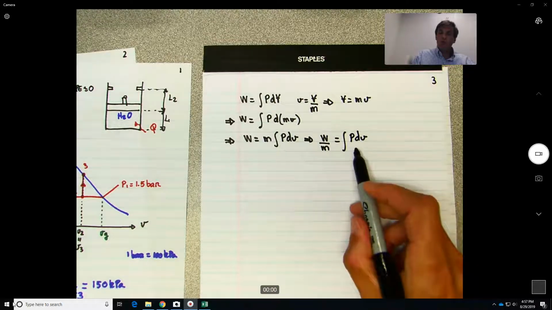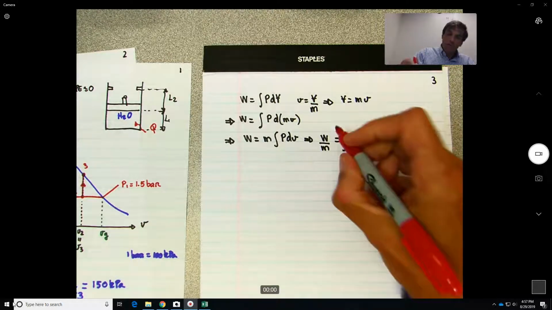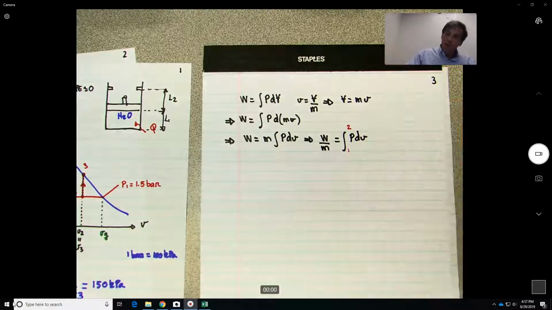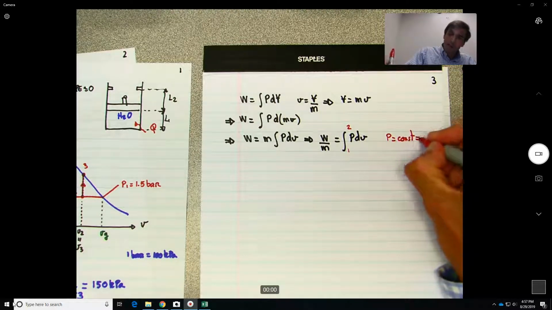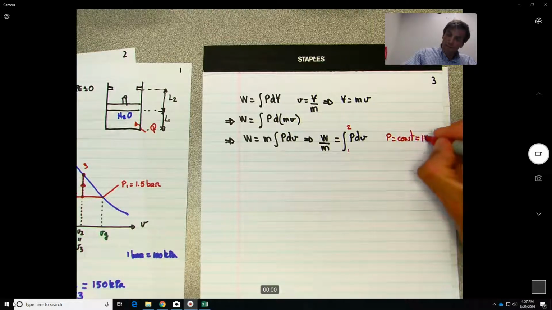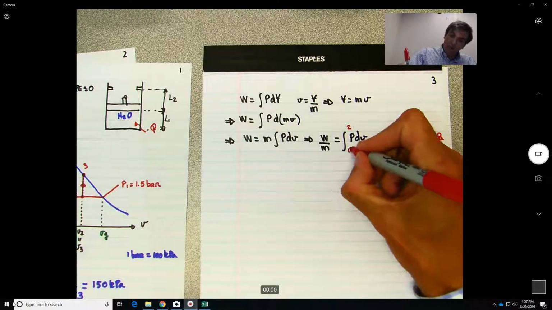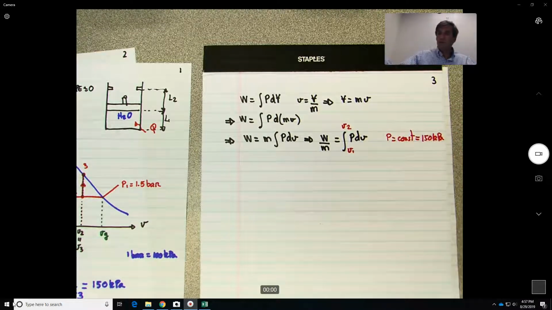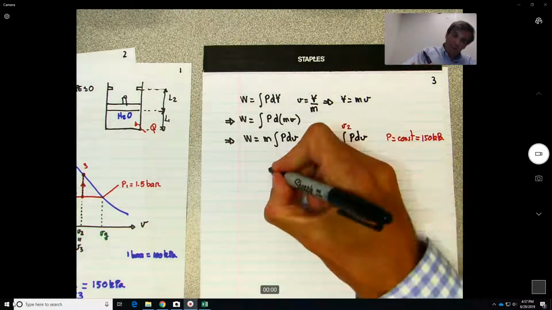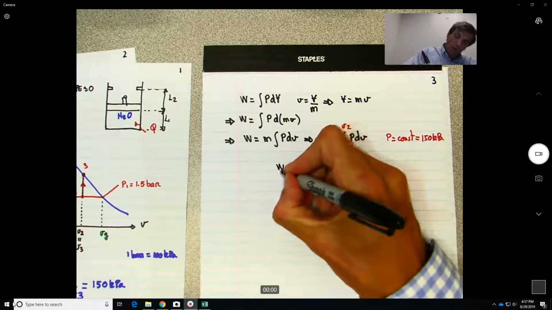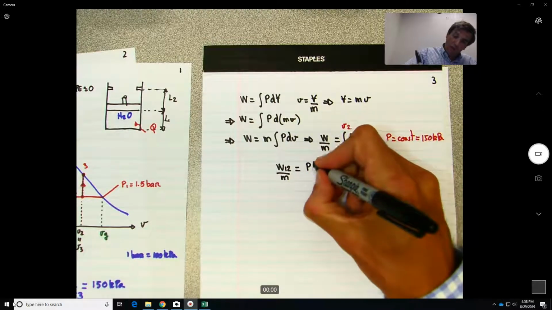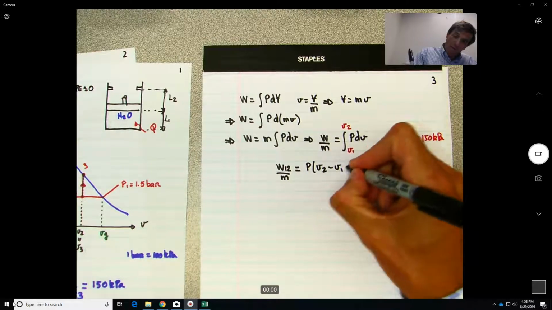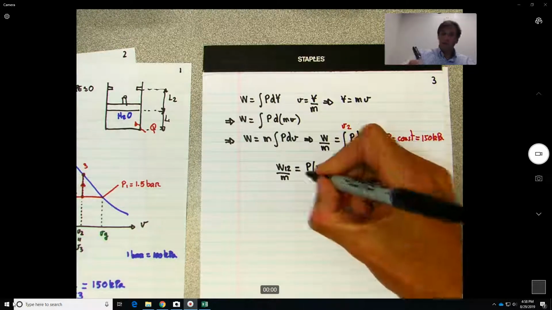So for process 1 to 2, we know pressure is constant and is equal to 150 kilopascals, and we go between V1 and V2. So we can say that the work 1,2 per unit mass will be equal to P times V2 minus V1, where P will be P1.